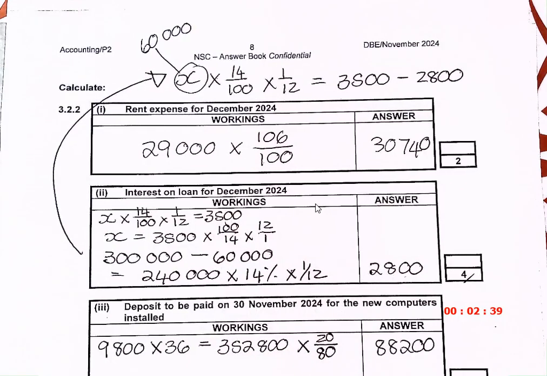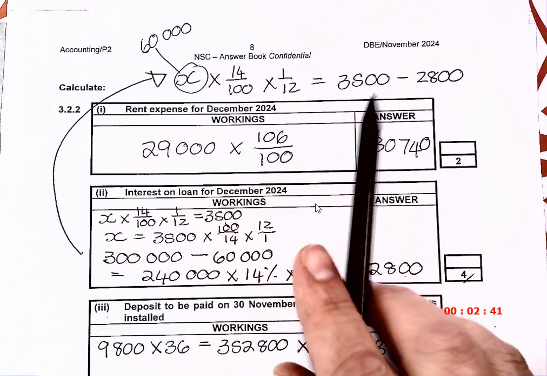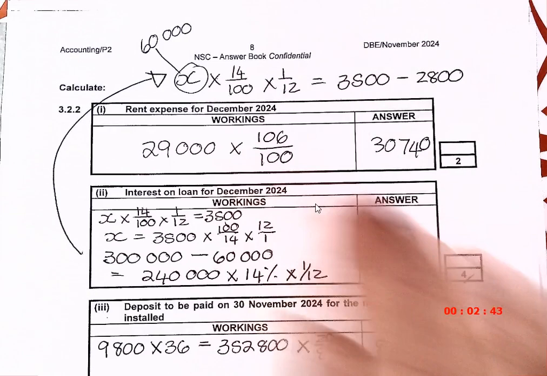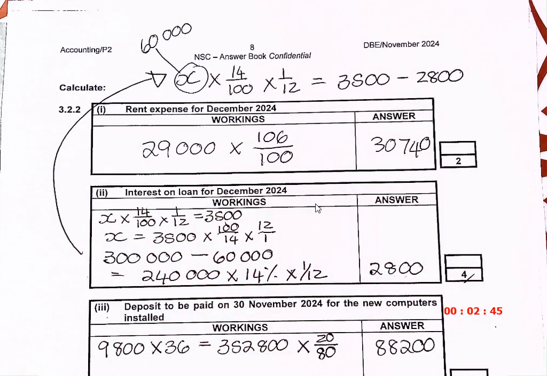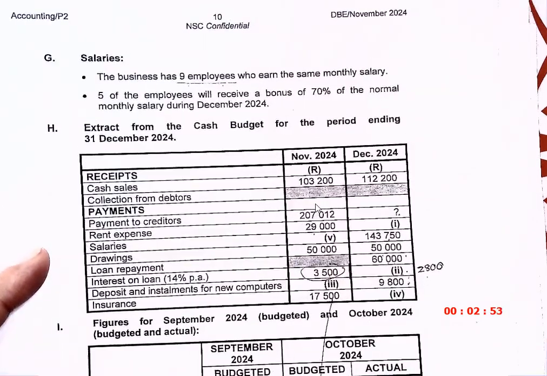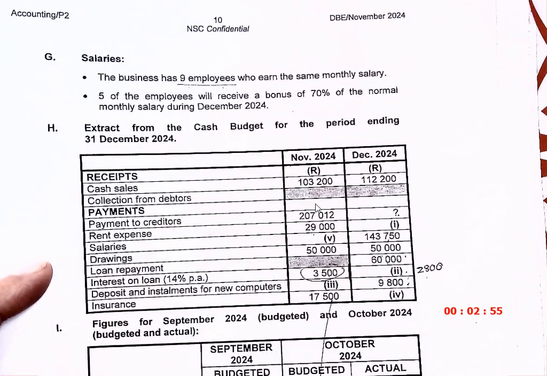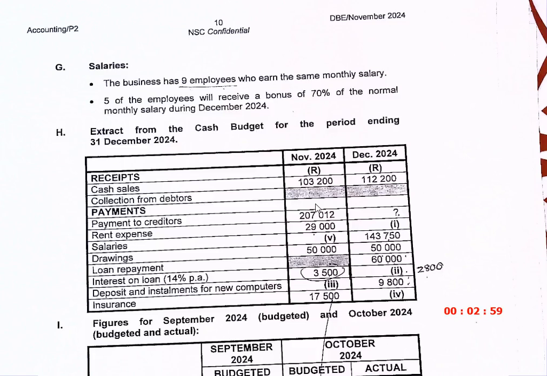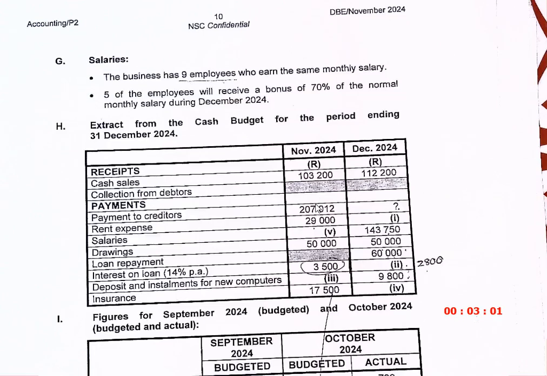It would be the 3.5 less the 2.8. I did it there for you. And then it will work back to 60,000. Why is it a difference? Because the 3.5 was before the payback, the 2.8 is after the payback. So if I calculate the difference, I will get what I paid off or borrowed extra.